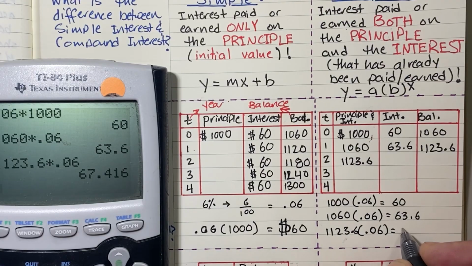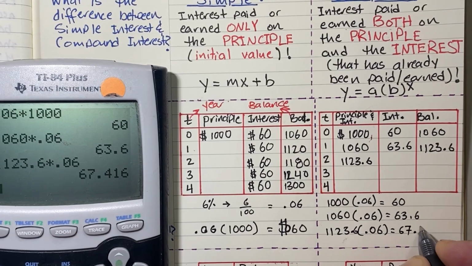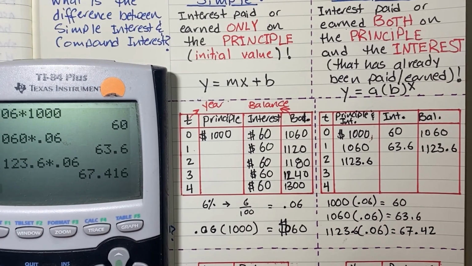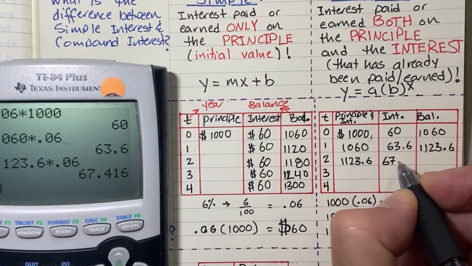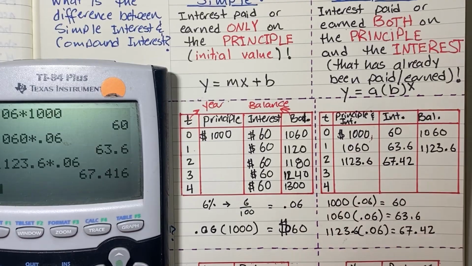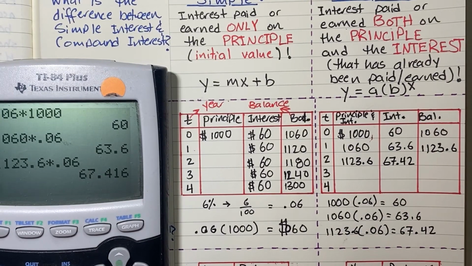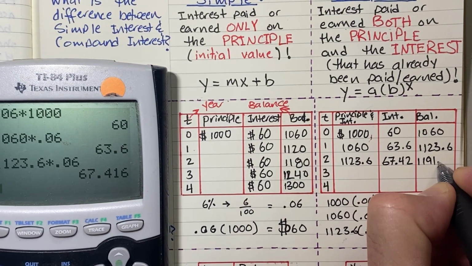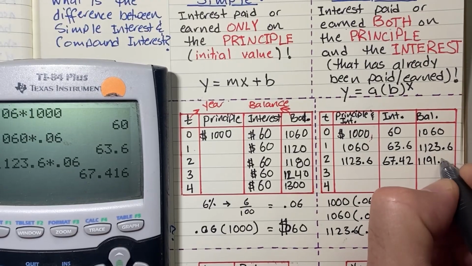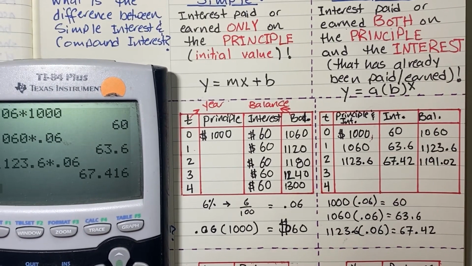So we're going to say 67.42. So that's $67.42. This is now the new interest for this year. And we add that onto the balance from the year before. And when we add that, we're going to end up getting 1,191.02. And then you pretty much just keep going after that.